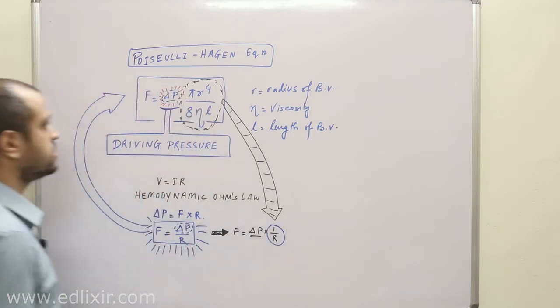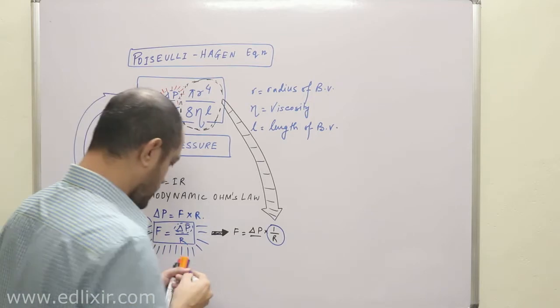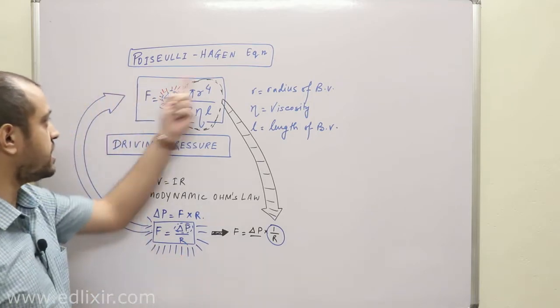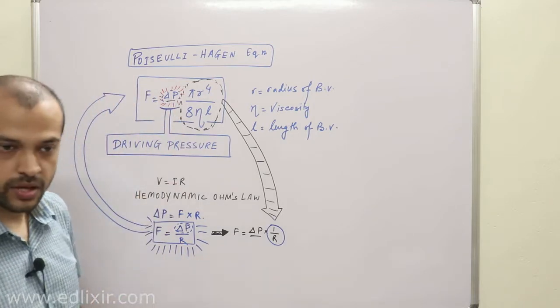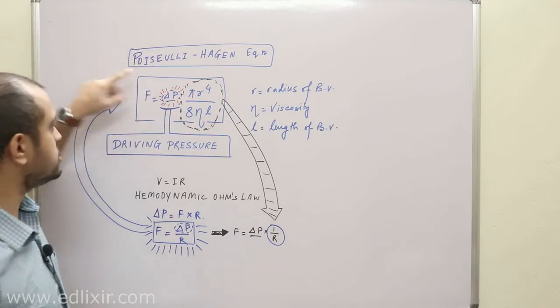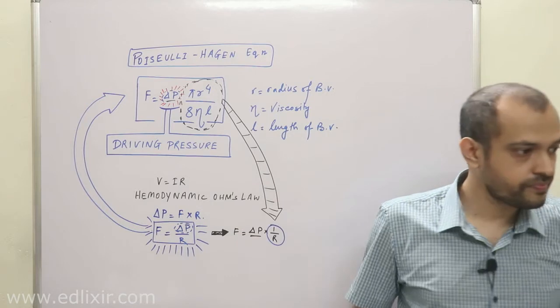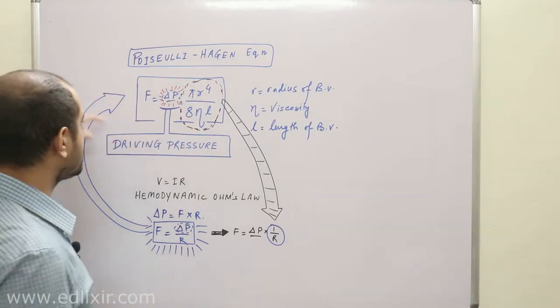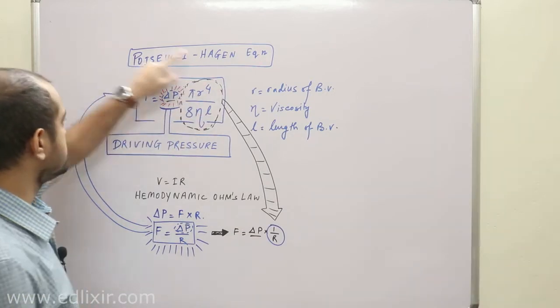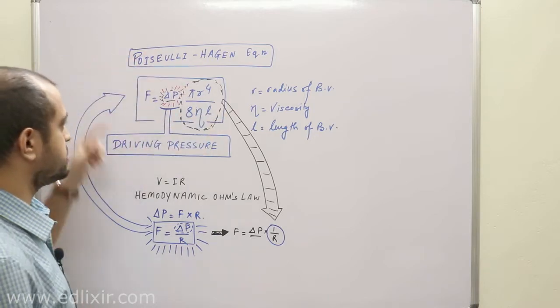Clear? So this is actually 1 by R in disguise. So the Poiseuille-Hagen ratio is nothing but a special case of hemodynamic Ohm's law. Clear? Now, what information are we directly getting from this Poiseuille-Hagen ratio?